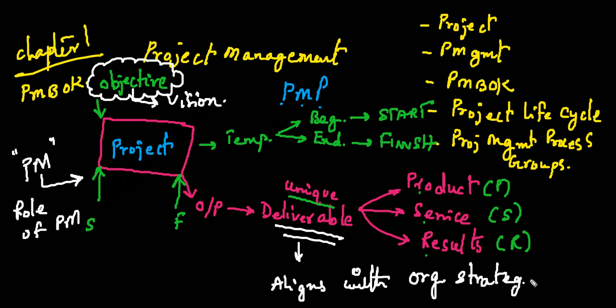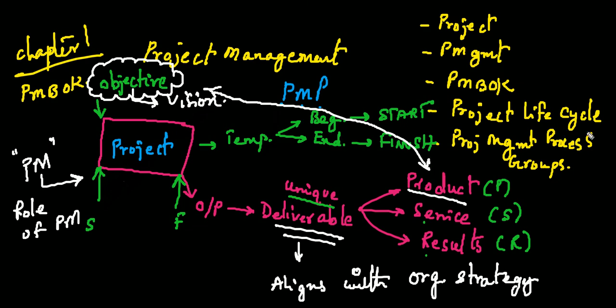That means every deliverable, every product the project is producing, should always be aligned to the vision. Vision means objective. Hope this much is clear.